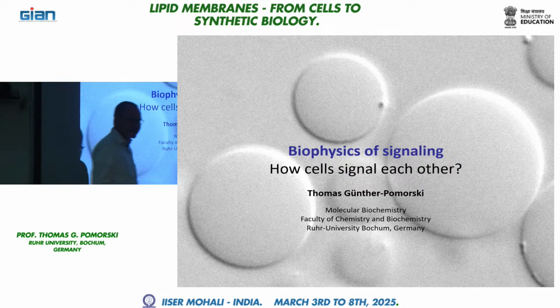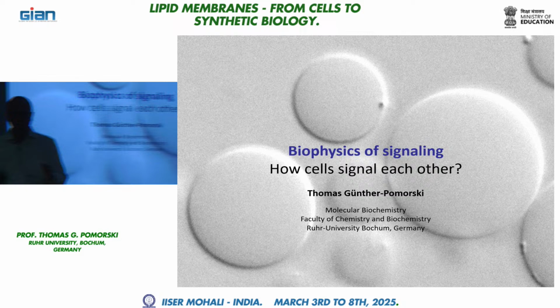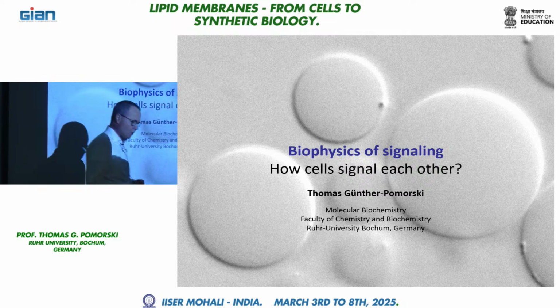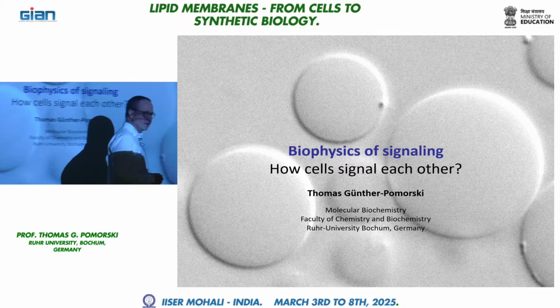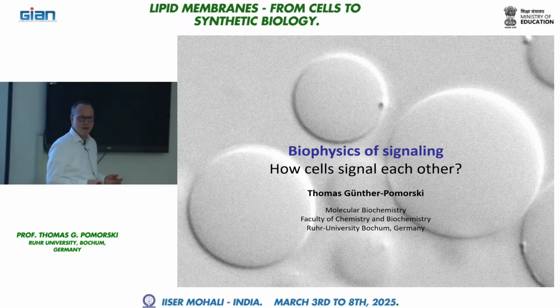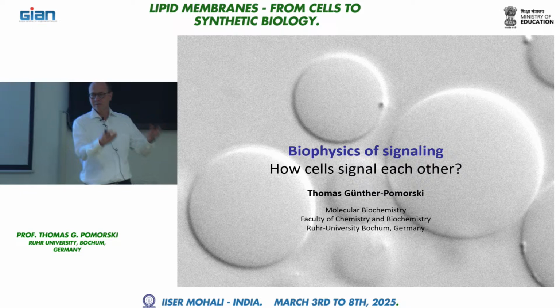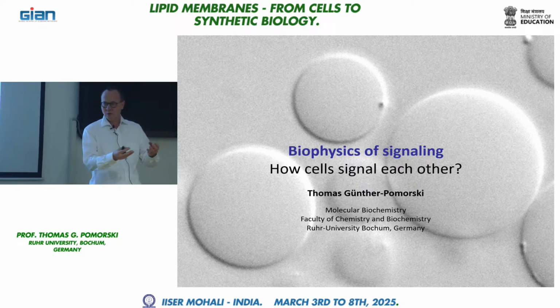So welcome back to the next lecture of the day. We are now going to one other aspect where cellular membranes are very important, and that concerns signaling. In fact, the membrane in this case is a dilemma, right? If you want to receive signals from the outside, or give information to the outside, you have a barrier.